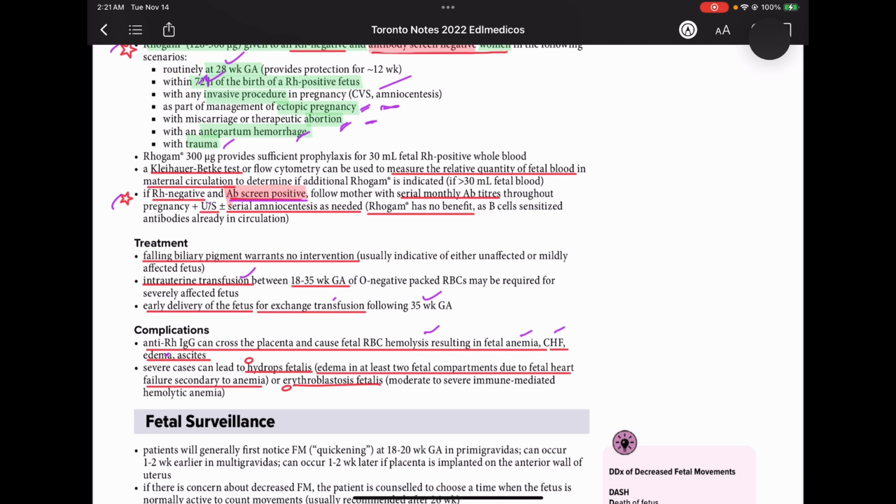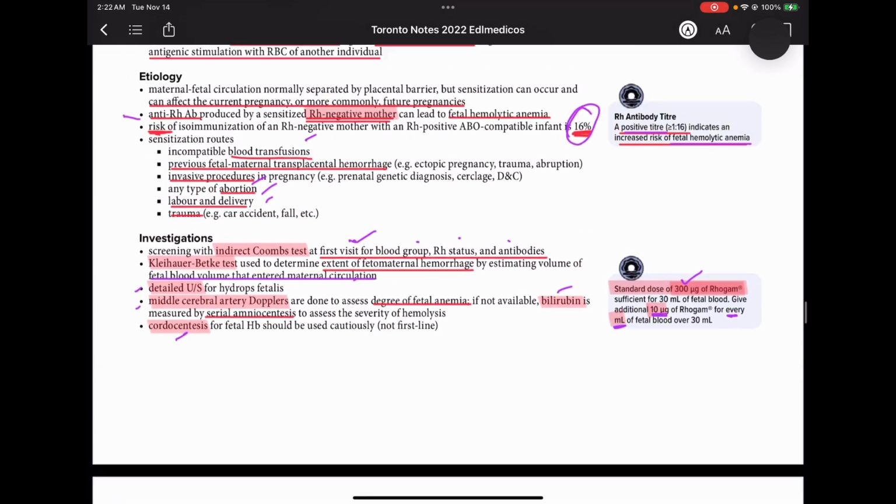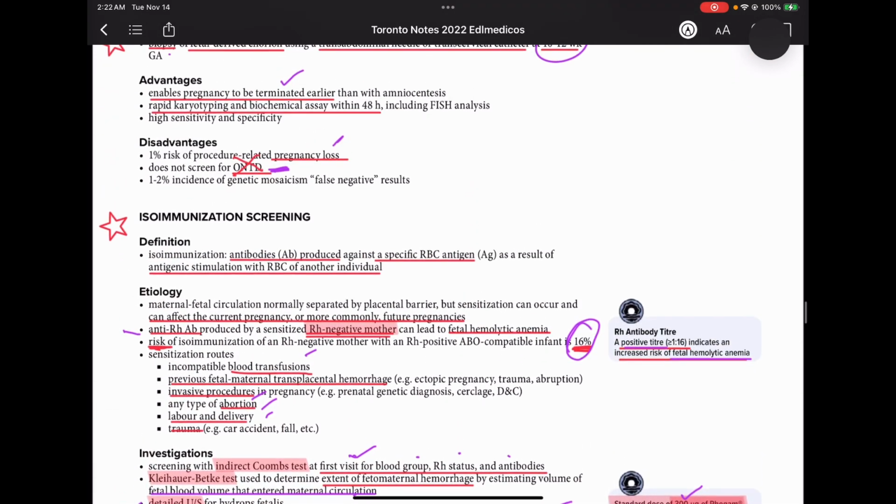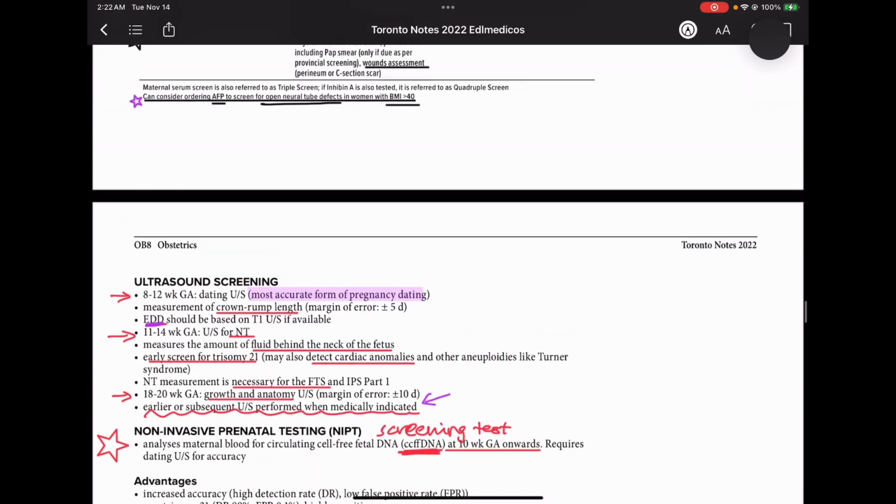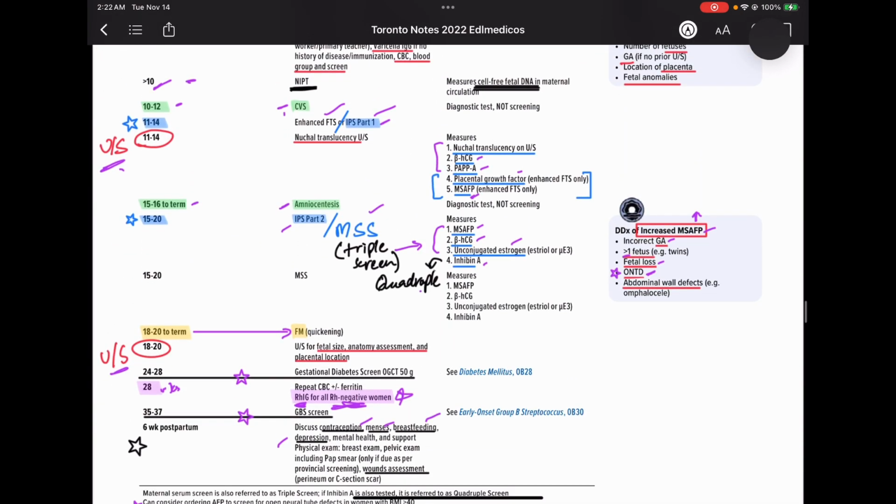And in hydrops fetalis, because of RBC hemolysis, it would lead to anemia and then CHF. Okay, so this was isoimmunization, in which RhoGAM was pretty important, and we read in this table that RhoGAM is given around 28 weeks for all the Rh negative women.